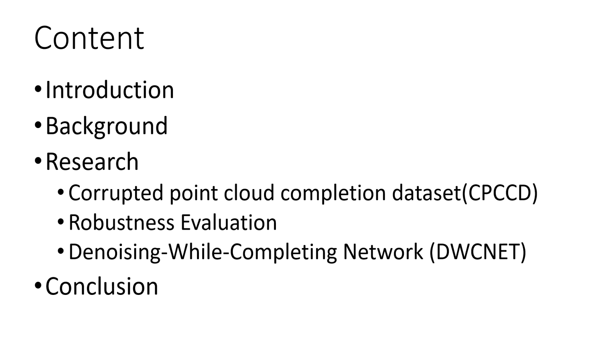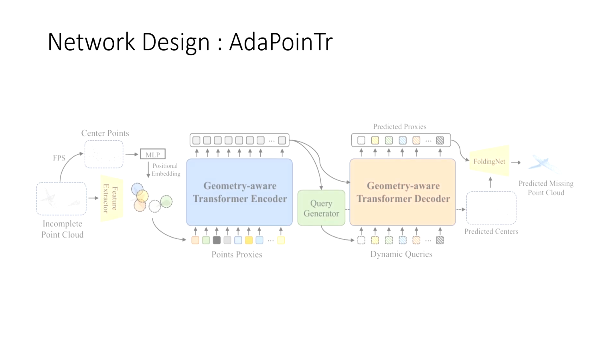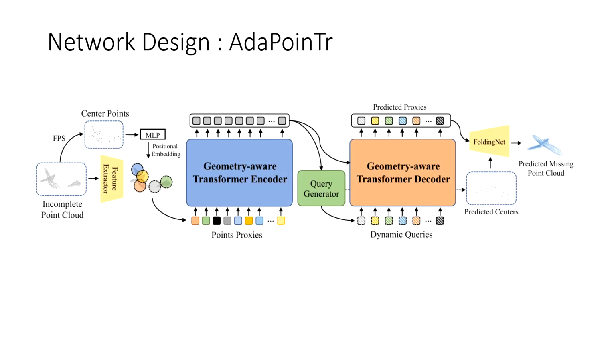This brings us to our robust point cloud completion network, DWCNet. In order to make DWCNet, we started with AdaPoinTr, the best performing network on the robustness test. And here's how it works.